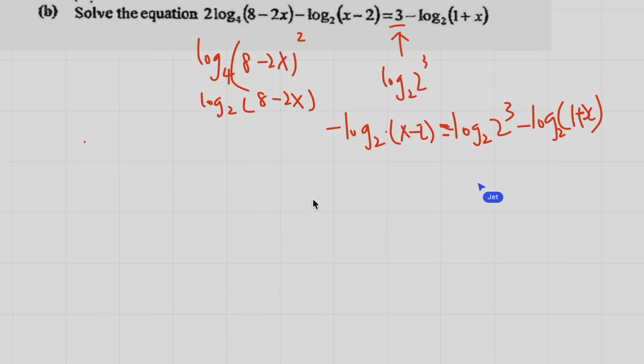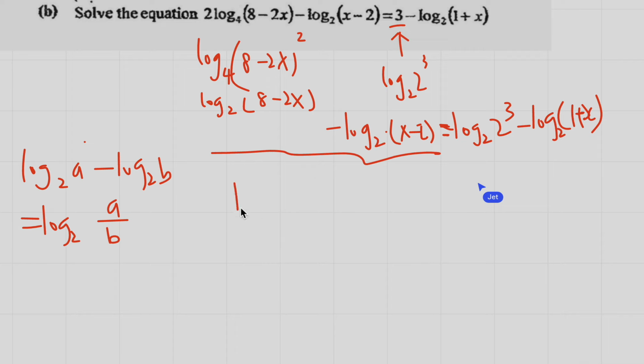If you cannot recall, you can probably write down this: if you have log 2 a minus log 2 b, you will get log 2 of a divided by b. So I'm using this. This will be simplified to log 2 of (8 minus 2x) over (x minus 2).